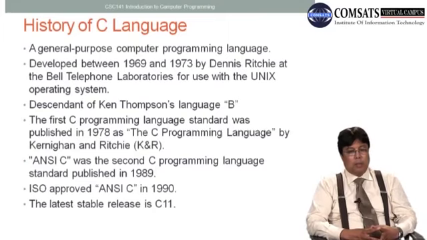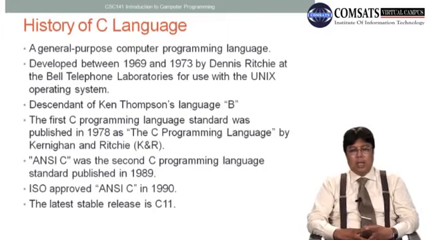Around 10 years later, ANSI C, the second C programming language standard, was published in 1989. And finally, ISO certified and approved another standard, published in 1990. The latest standard, which seems to be a stable release, is called C11.